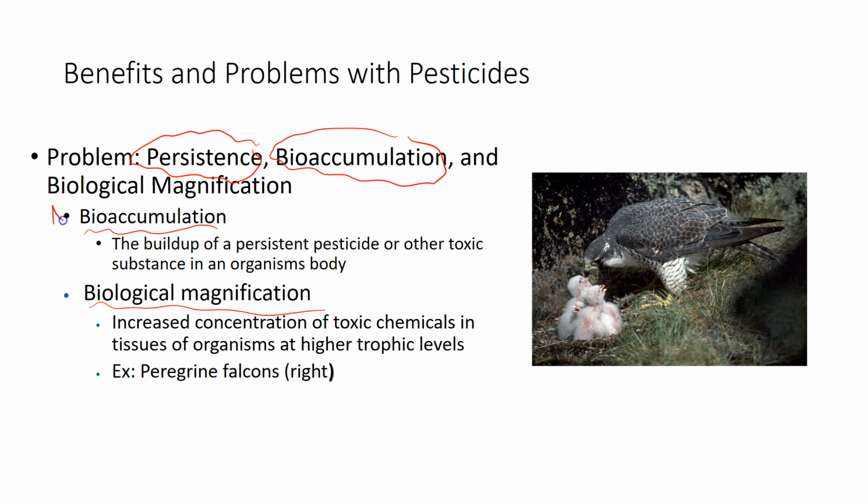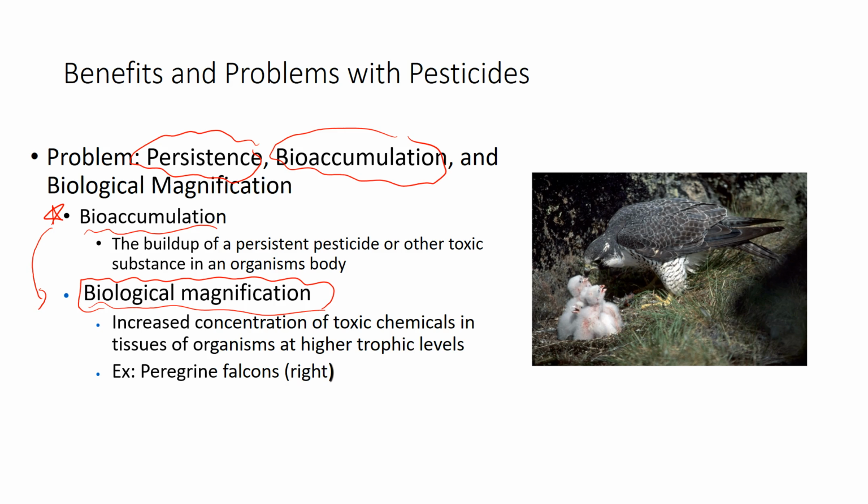So that is bioaccumulation. Now, what we see happening is we see it accumulate maybe at the base of the food chain, and what happens is it gets to a higher and higher concentration as it moves up the food chain, and that's that biological magnification.